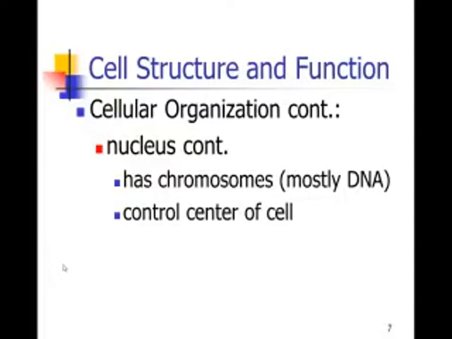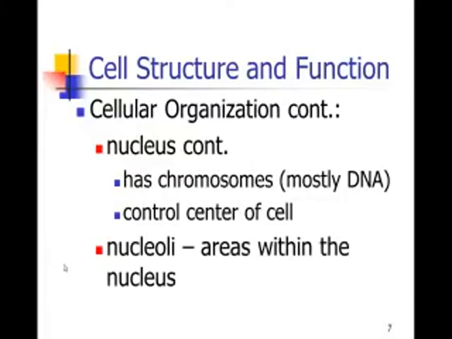So the chromosomes are going to control cell activity, and they determine when a cell is going to divide, and they also are responsible for making copies of recipes. Those are the genes that tell the cell how to produce various materials, proteins and things of that nature, hormones, whatever the cell does produce.